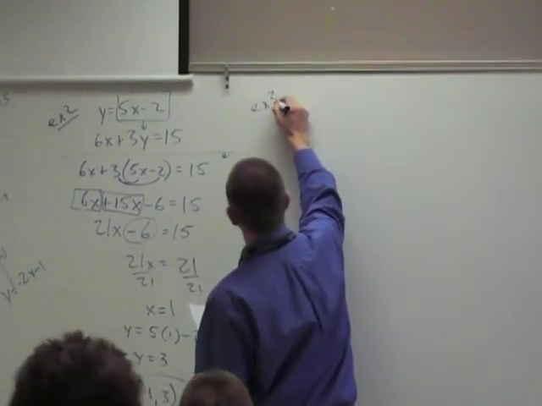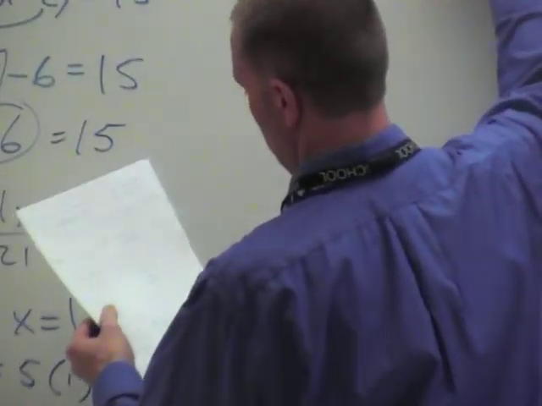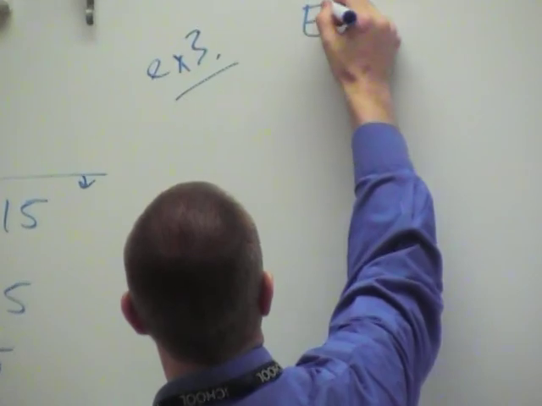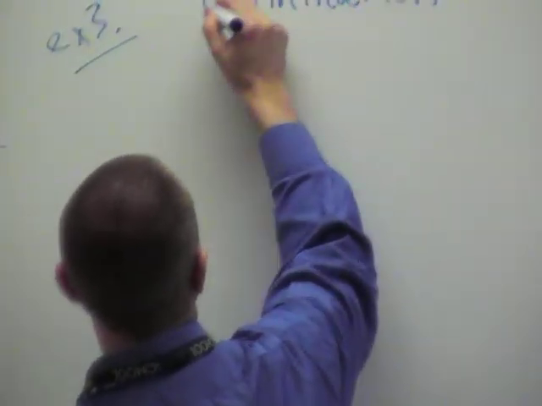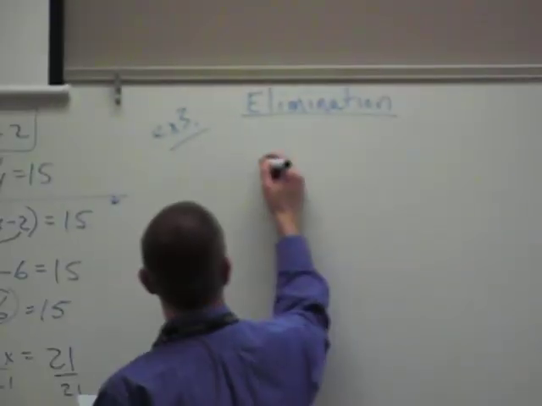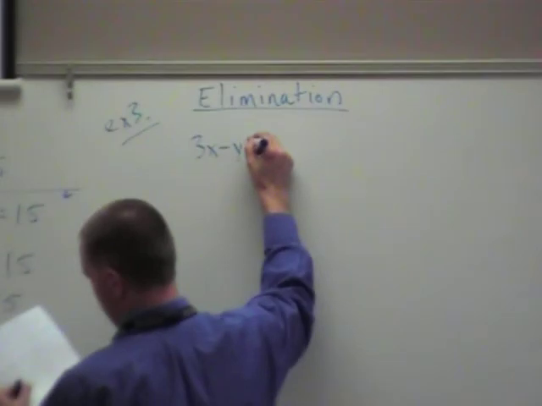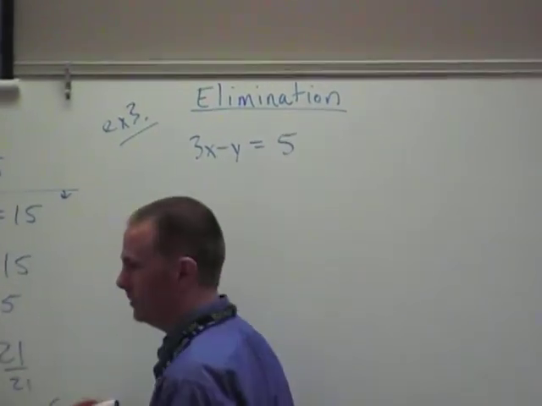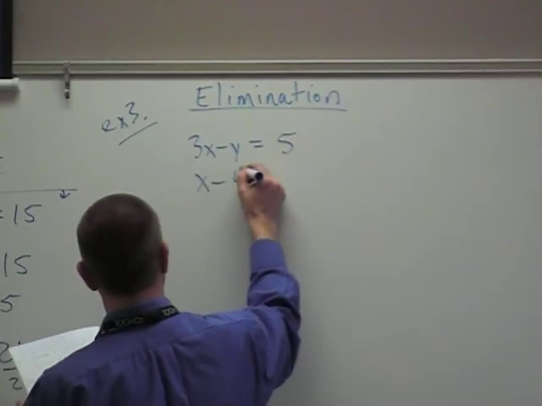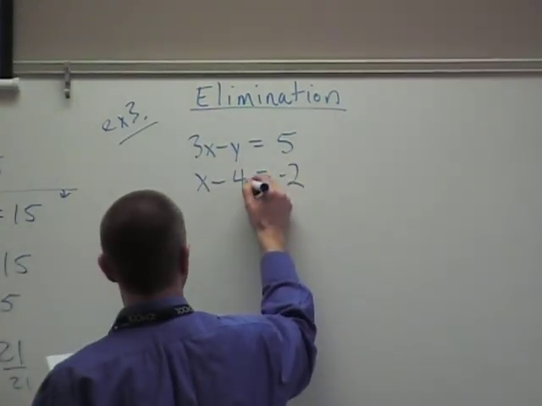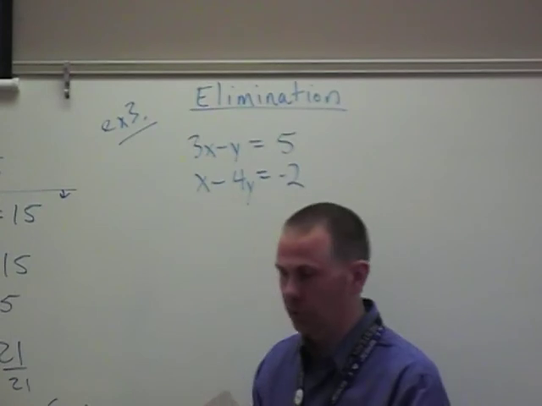Example 3. This is called elimination. 3x minus y equals 5. x minus 4y equals negative 2.